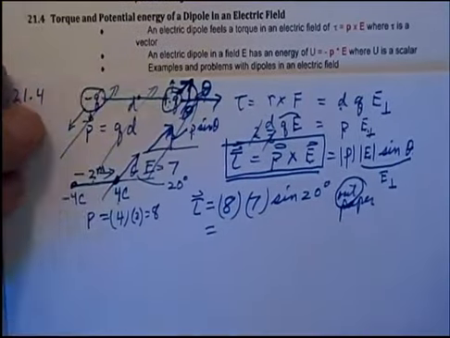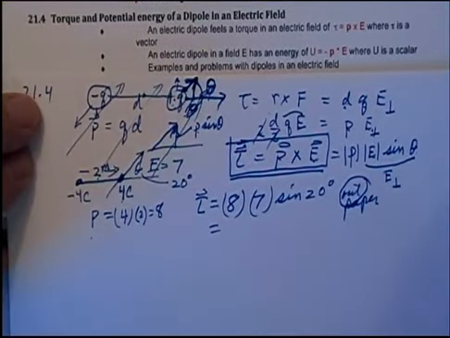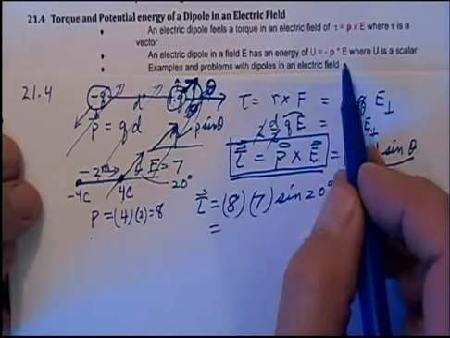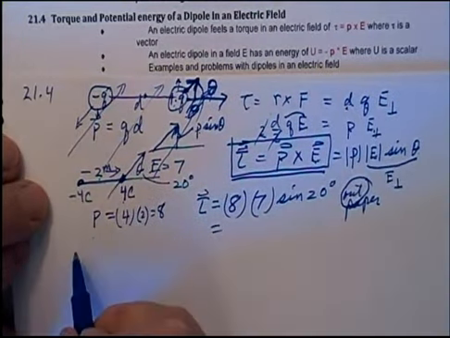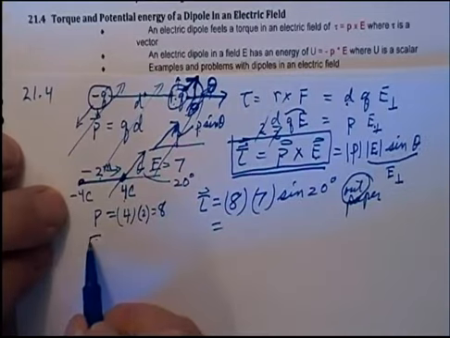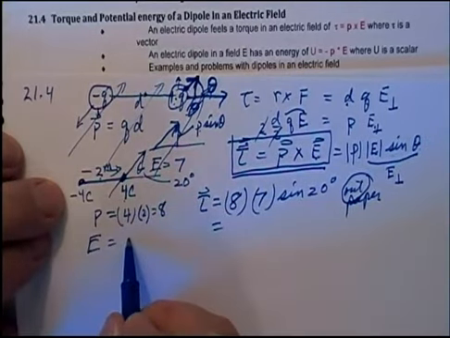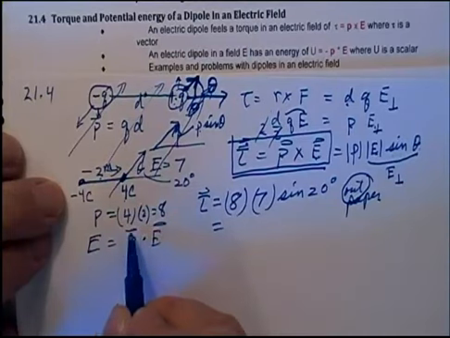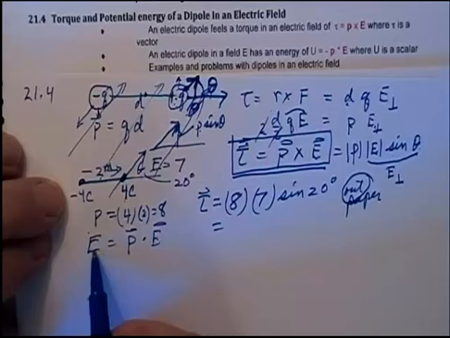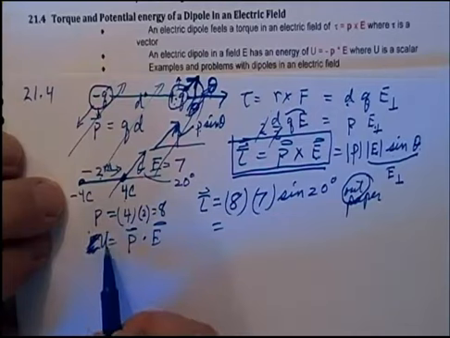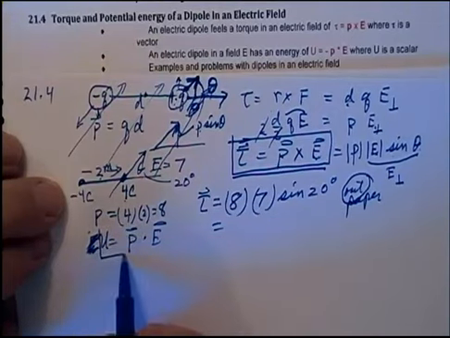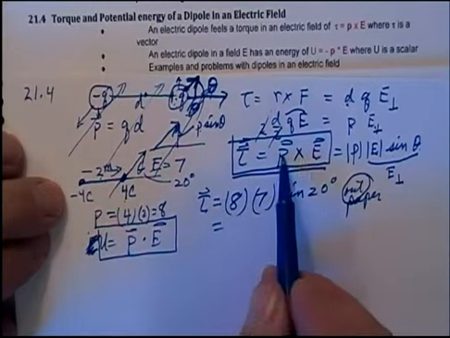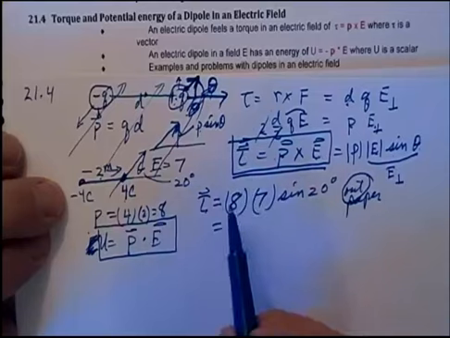The final thing here is how much energy does it have? And you'll notice that there's an equation here, U is equal to P dot E, and the potential energy is P dot E rather than P cross E. This potential energy should be written as U. And remember, torque is a vector because it's a cross product of two vectors, and that gives you a vector.